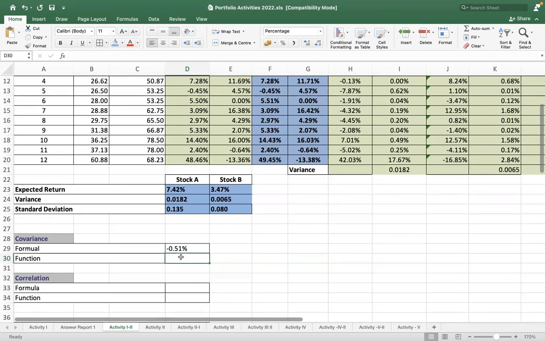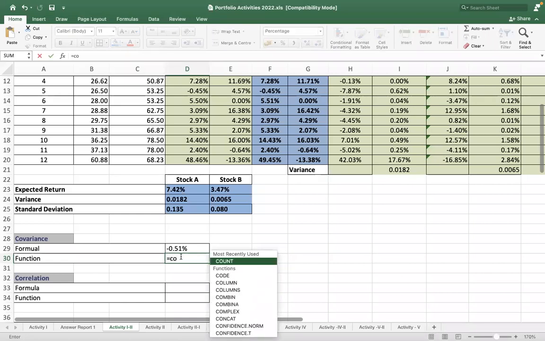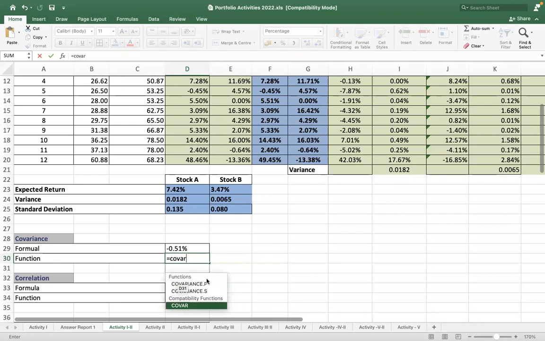Then we can calculate covariance, COV, covariance of population, right? Covariance of population, COVAR. In earlier versions, we have COVAR. In later, recent versions, we have COVARIANCE.P, right? That is covariance of population.